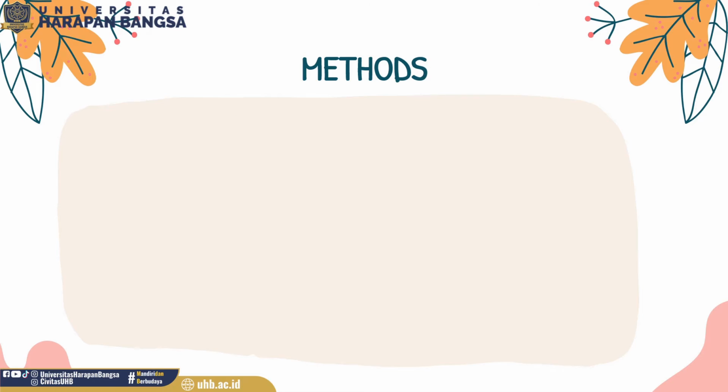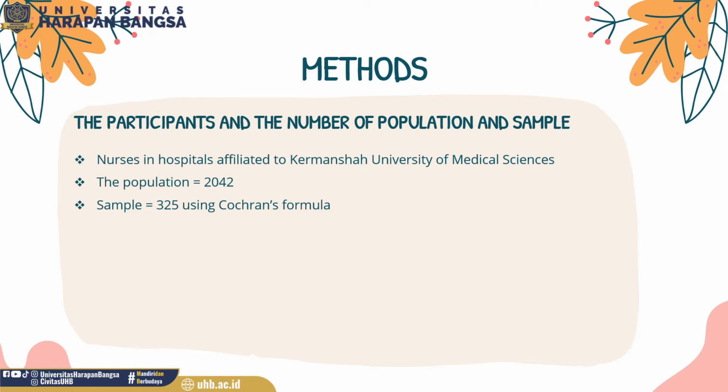Next, methods. The participants were nurses working in hospitals affiliated to Carmenza University of Medical Sciences. The population was 2,042 and the sample size was estimated to be 325 using Cochrane's formula.